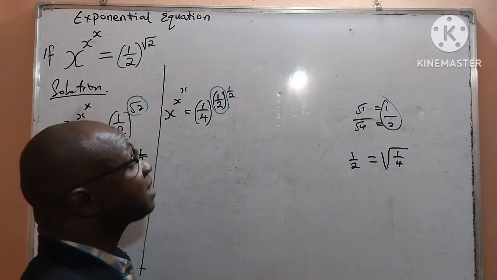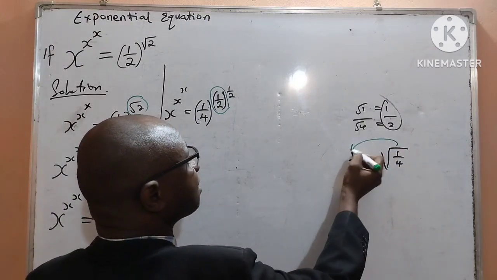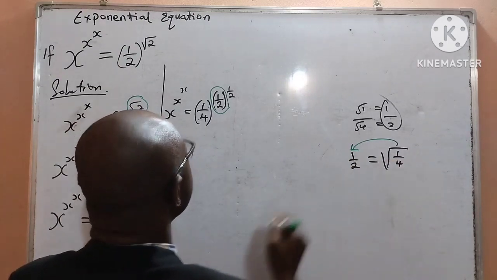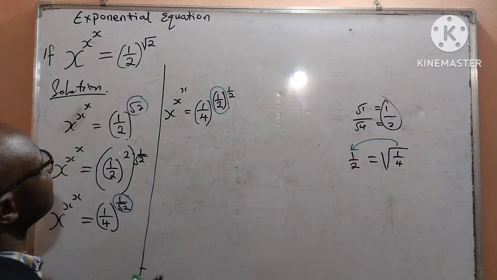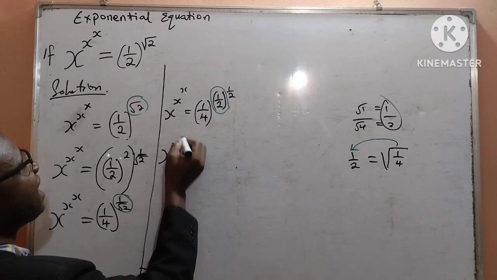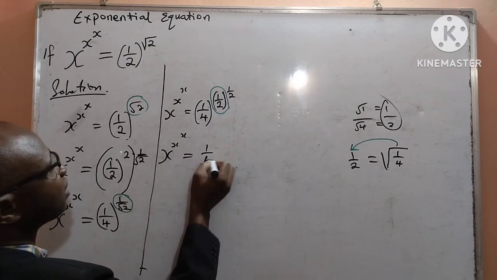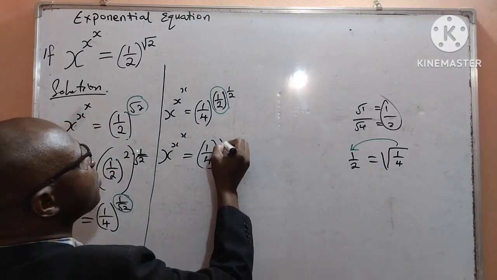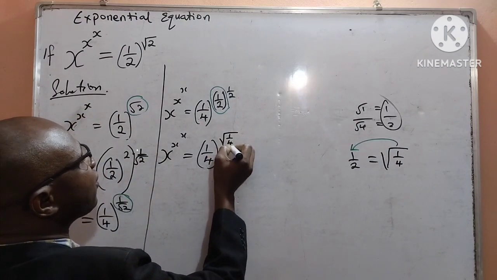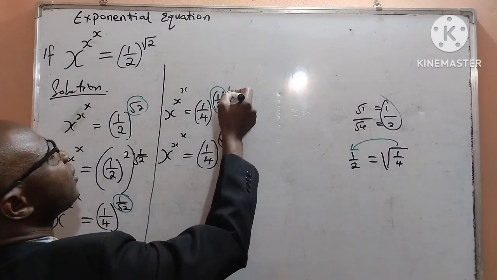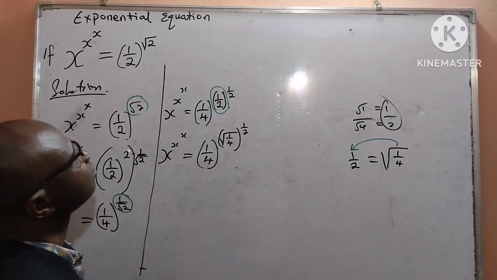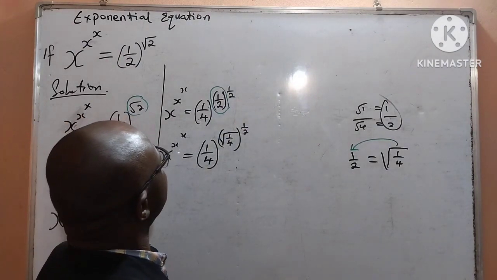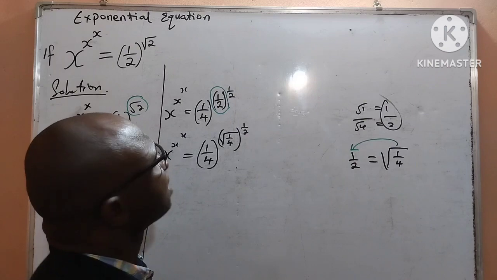Therefore, I can now replace this with this. And that will give me x raised to power x raised to power x is equal to 1 all over 4 raised to power the square root of 1 over 4, then to the power of 1 over 2. Also, very good.